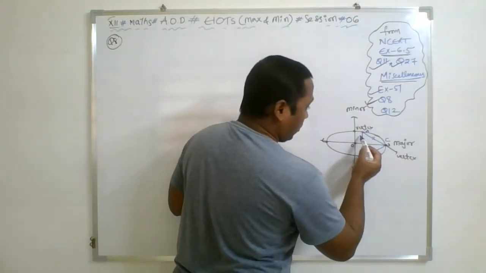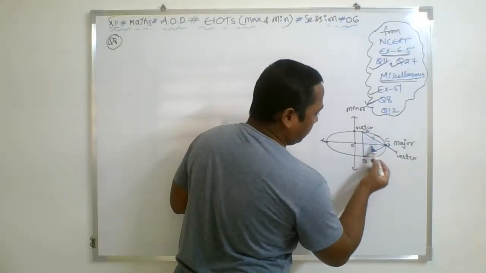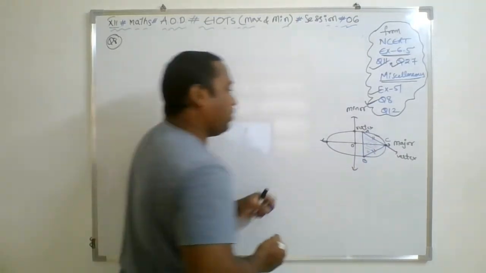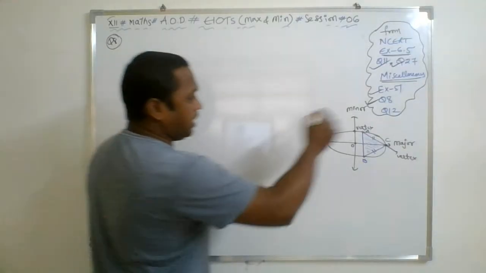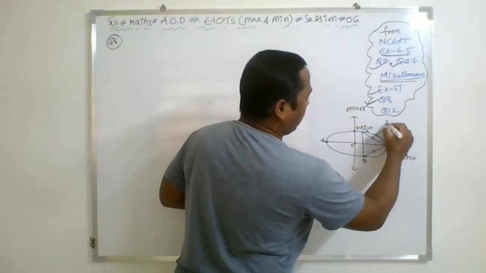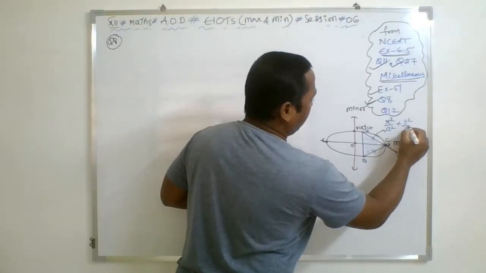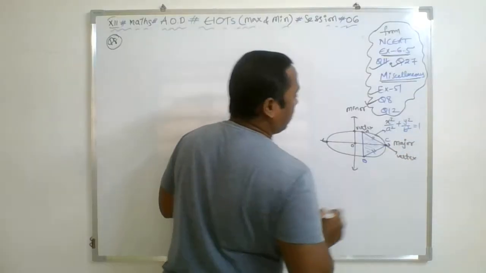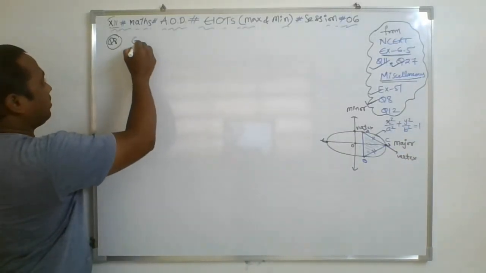So the area of the triangle has to be maximum. The equation of this ellipse is given as x square by a square plus y square by b square equal to 1. So this is all about the question. I am writing what is given first.